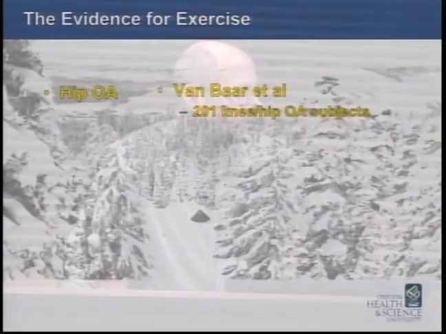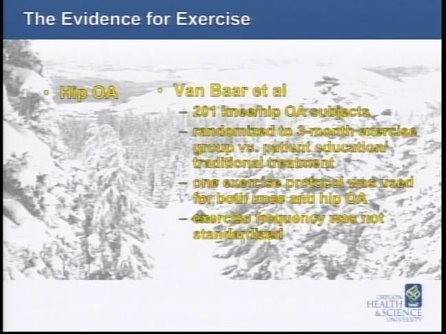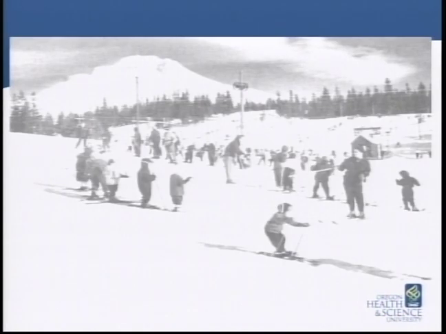Similar study. This had 201 subjects. They had knee or hip arthritis, randomized to 3 months of exercise versus a patient education treatment as the control. Interestingly, one exercise protocol used for both knee and hip. In general, when we're prescribing exercise, we're going to be specific to the joint. We want to strengthen the muscles around the joint. The exercise frequency was not standardized.